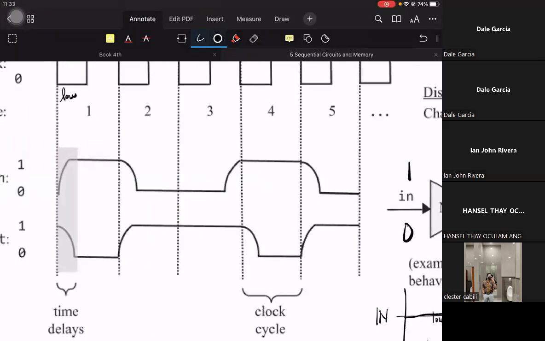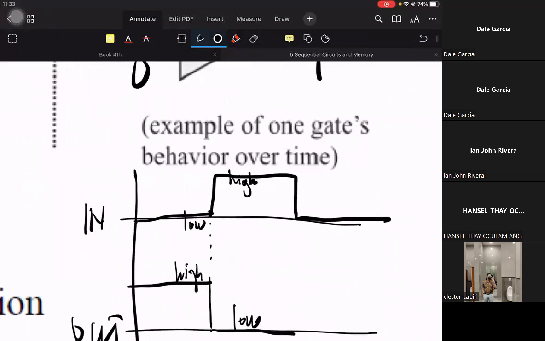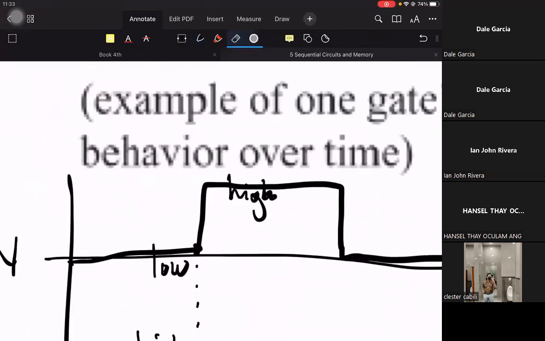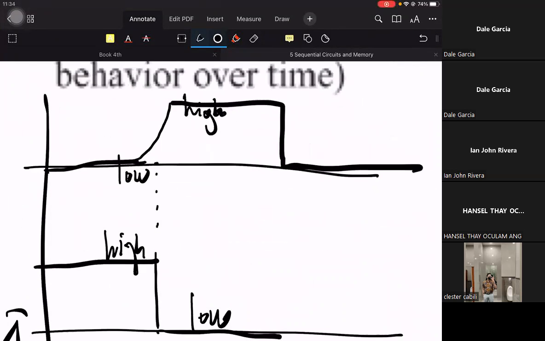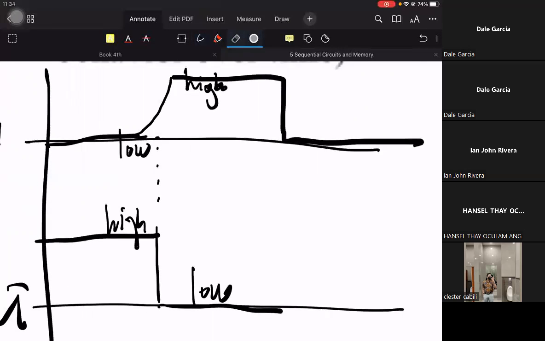Even the input going from low to high is not as instantaneous as that. It will have a more curved response. The moment the input increases from low to high, the output decreases, not instantaneously, but gradually, from high to low.